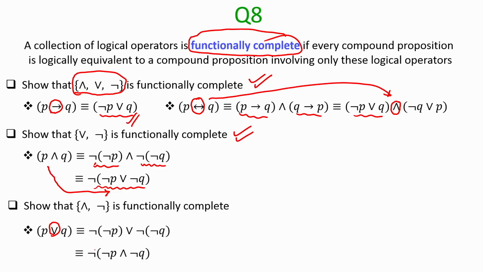I can represent any disjunction in this form where I have just occurrences of negations and conjunction. Okay. So, that shows that just 2 operators, either conjunction along with negation or disjunction along with negation, is sufficient to represent any expression that you are interested in.